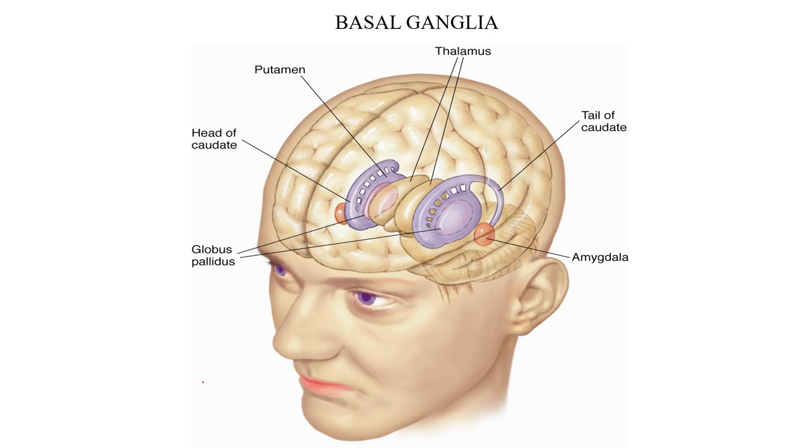To give you an idea of where in the brain the basal ganglia is, it's kind of superimposed, but these structures are deep within the brain. So the basal ganglia is found in purple here. They include the globus pallidus and then the caudate as well as the putamen right here. So the putamen is the outer ring shown here, the globus pallidus is the internal ring, and the caudate is the tail shown here.